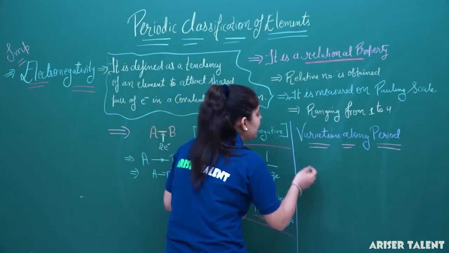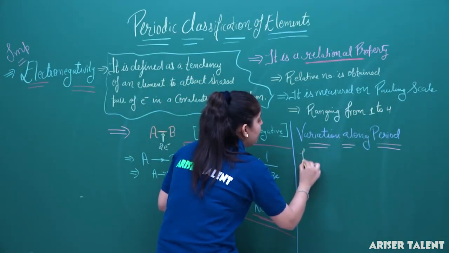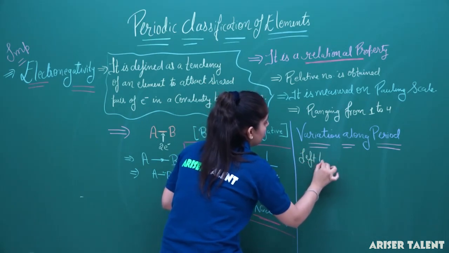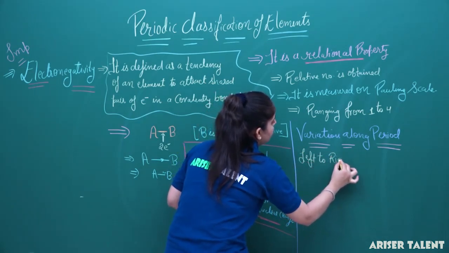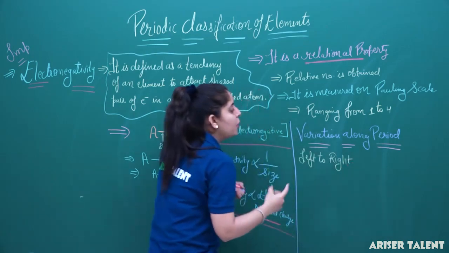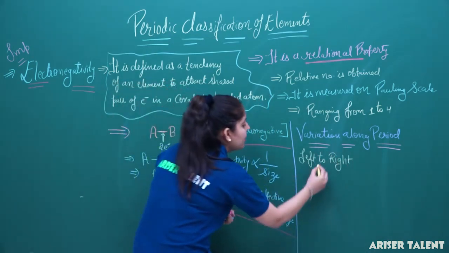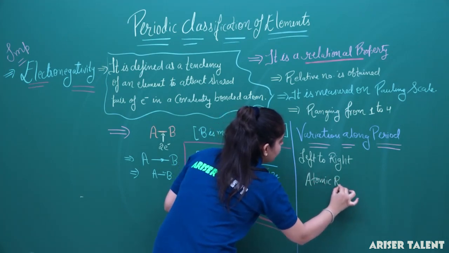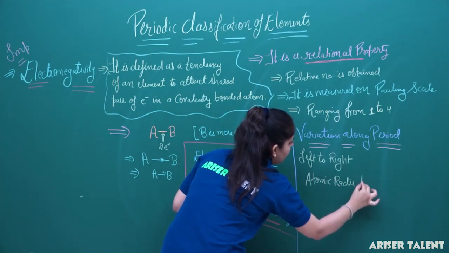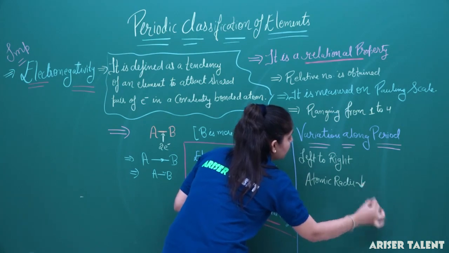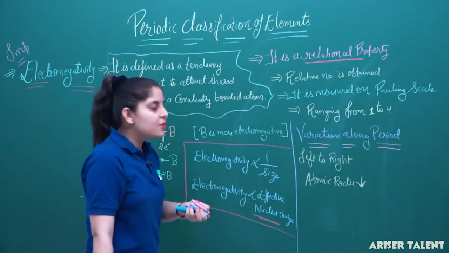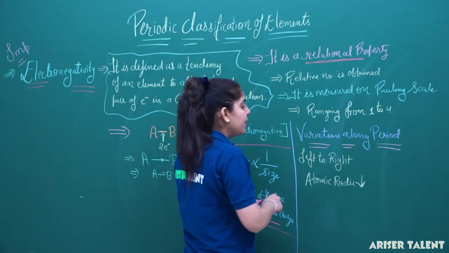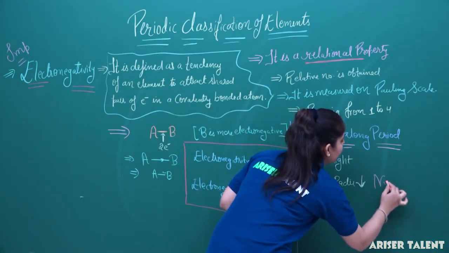So what will happen here as we move from left to right? What will be the trend in the electronegativity? Atomic size or atomic radii decreases. If atomic radii is going to decrease, what is going to increase? Nuclear charge is going to increase.